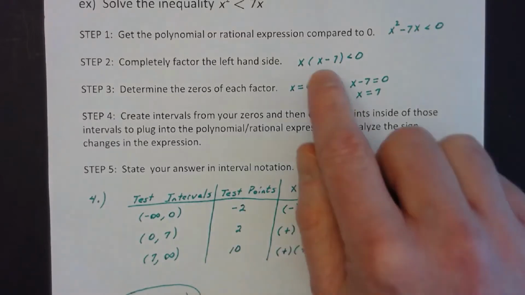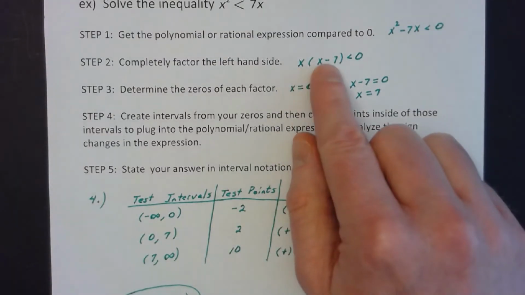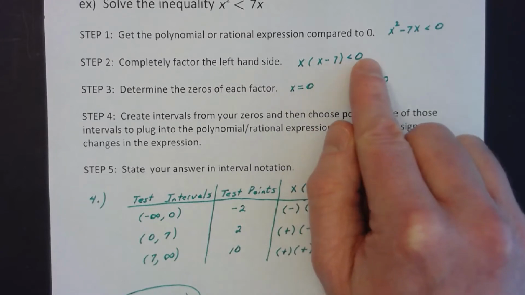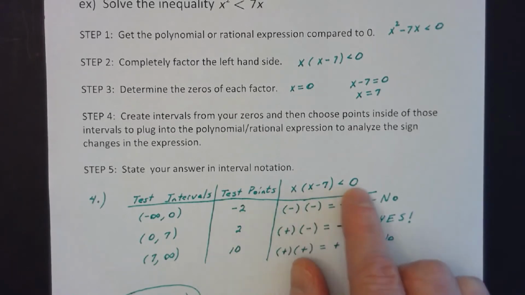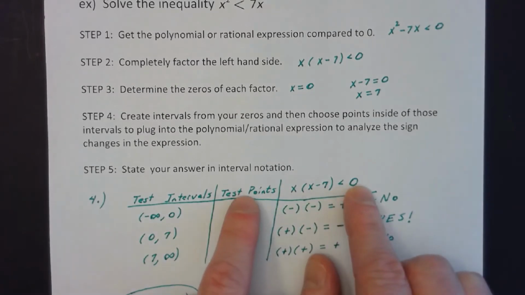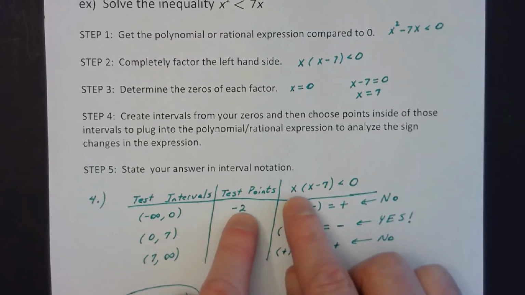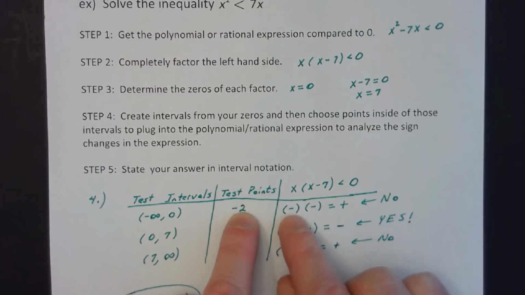Now, the goal of this problem was to get x times x minus 7 to be less than 0. So that's what I'm trying to test in this case. x times x minus 7 needs to be less than 0. Now notice what I've done, and keep in mind I only care about the sign. If I tell you to plug a negative 2 into this expression, you say, well, a negative 2 is going to make that first term negative.